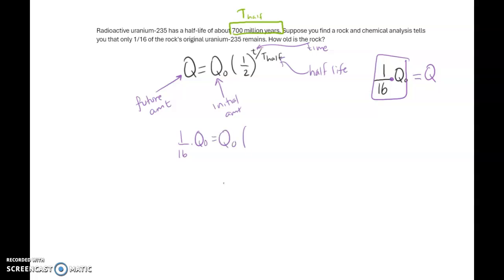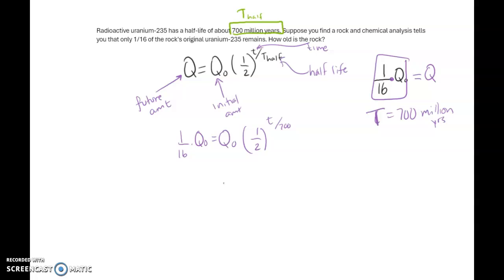And so now I have this situation. Then I can plug in the half-life. I'm going to put 700 here, but I know that this stands for 7 million. So I'm just going to write that there to remind me that there are units of million years on this number.